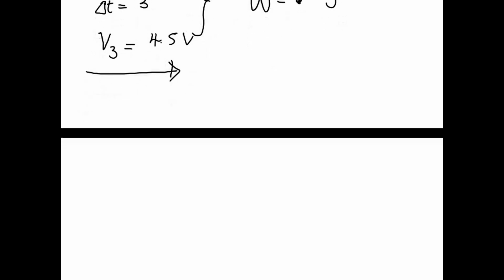Remember, it's important for us to remember, how do we define potential difference? Potential difference is defined as the work done per unit charge. Mathematically, it's written as V equals W over Q. V is the potential difference.